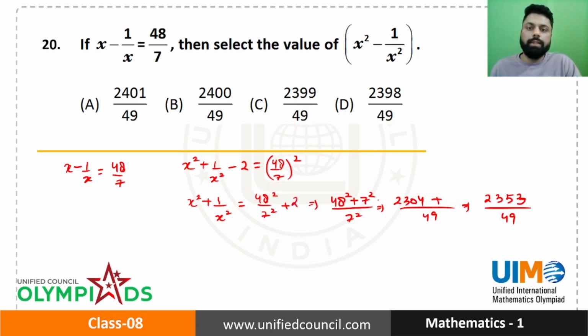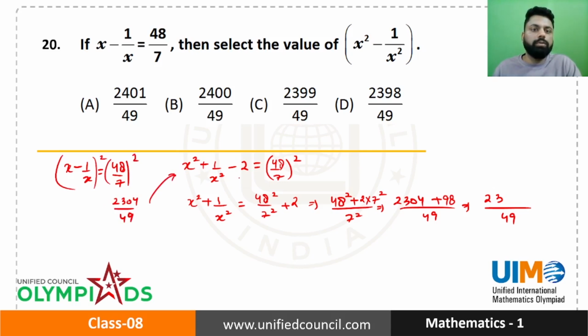So plus 2 means it becomes 2 multiplied by 7 square, that is 98. 98 means this is 2304, and this is plus 2 square. 48 square upon 7 square, that is 2496. And when you do the squaring, this is 2304 upon 49.